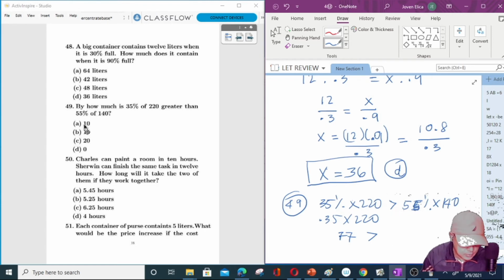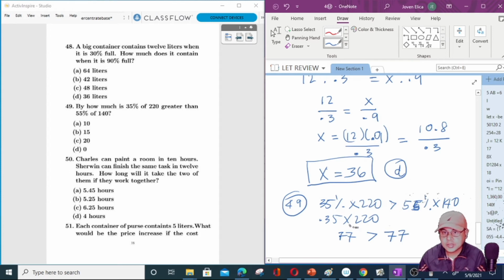And the other is 77. How much greater than? It is 0 because they are equal. So, therefore, the answer is 0. The answer is 0. Letter D also.